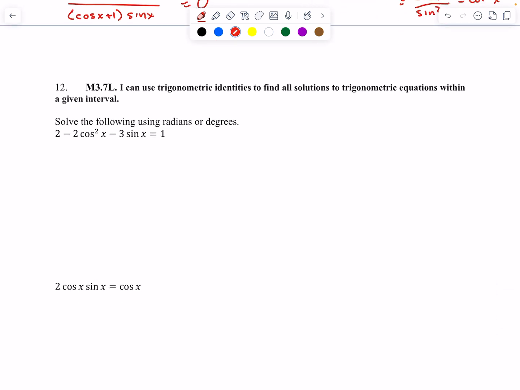Back to more specials. Oh god, more of these. I have a minus sign. Let me just check. Okay, so the trick to these is that you have to change cosine squared into 1 minus sine squared because the sine you can't fix. And we want to try and factor this.